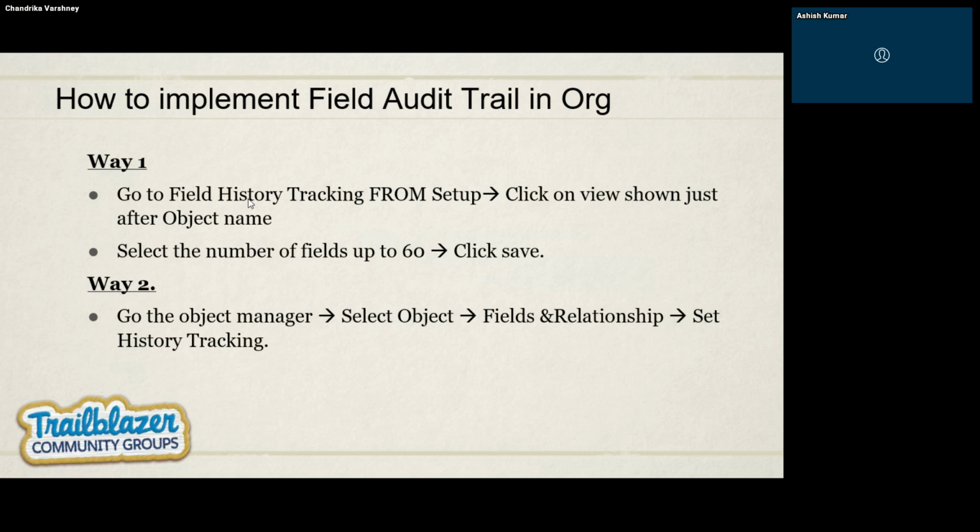Secondly, you just need to go to Object Manager, select the object, and select Fields and Relationships. On the extreme right, you will be able to see Set History Tracking. By clicking on it, you can start history tracking of a particular object.